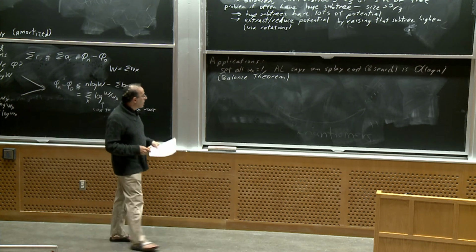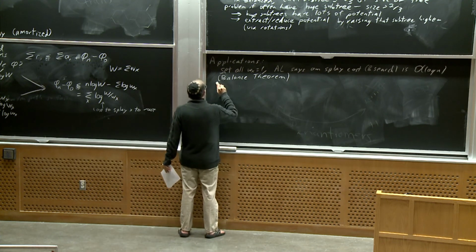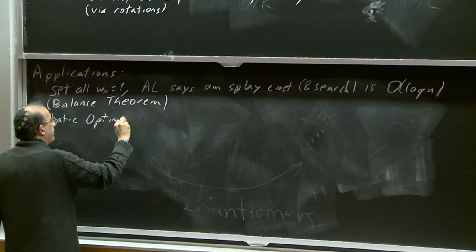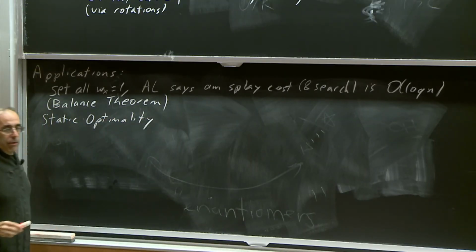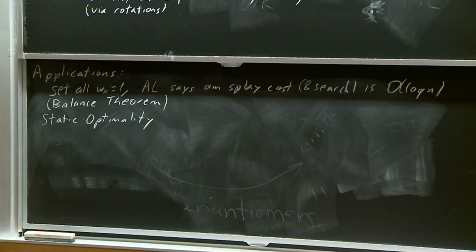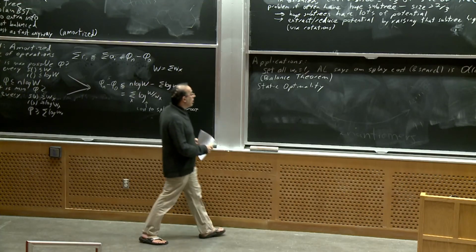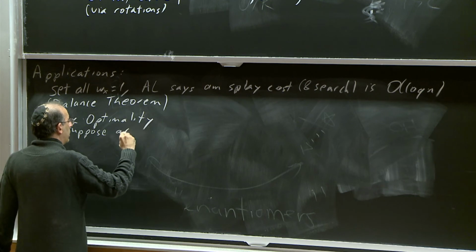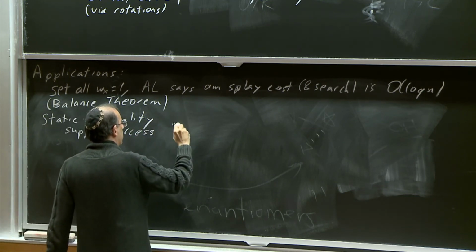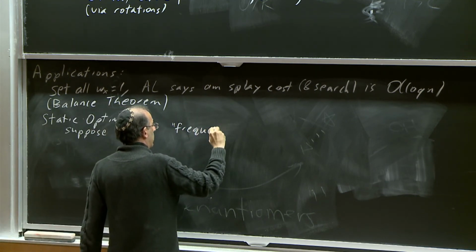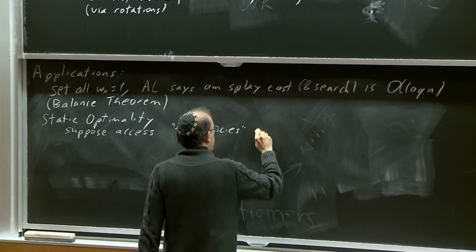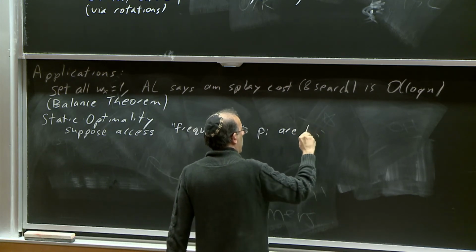Okay, so to show how that can be useful, let's talk about static optimality. So the question of static optimality concerned data structure researchers for a while. They said, suppose that you know the access frequencies p_x are known.